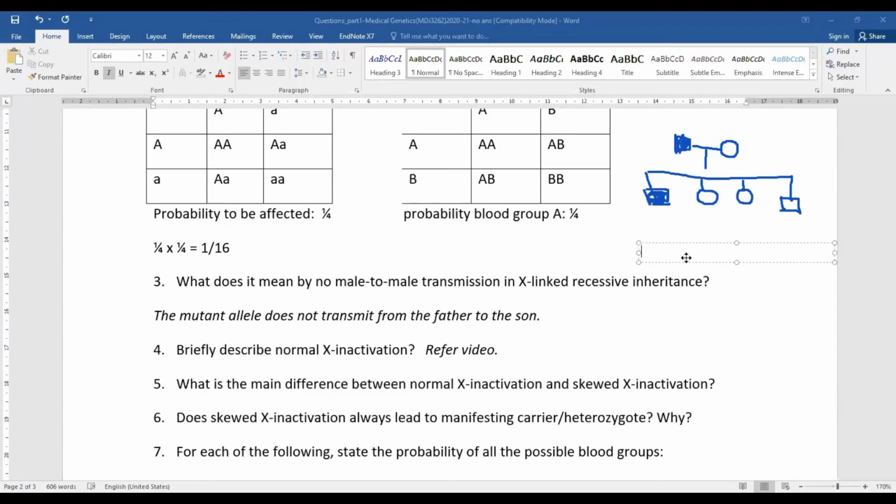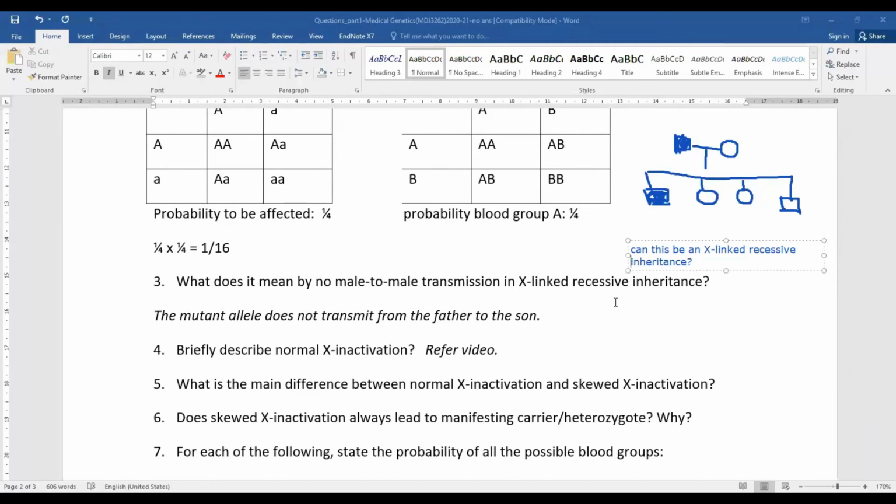Or maybe I put the question another way. Can this be an X-linked inheritance?